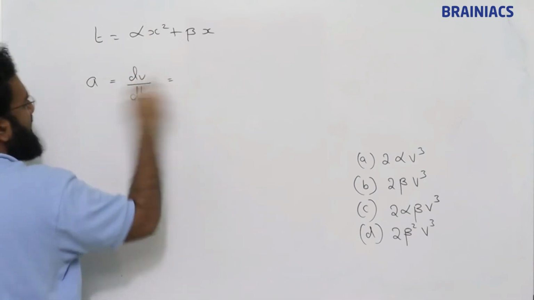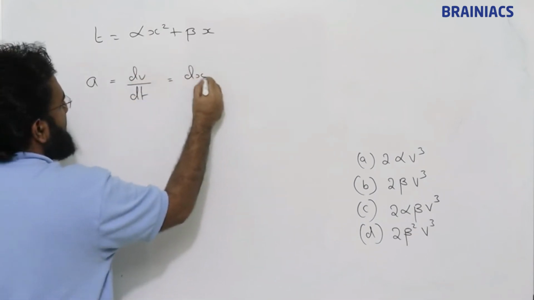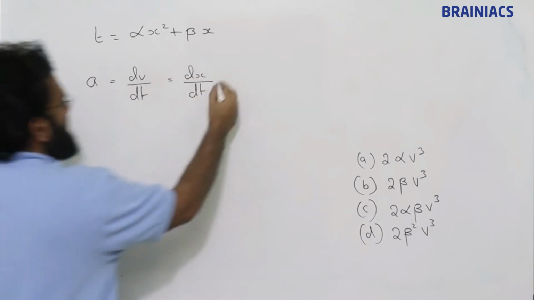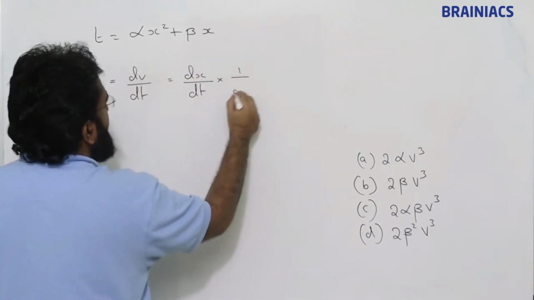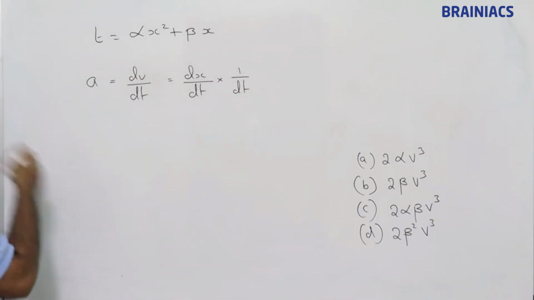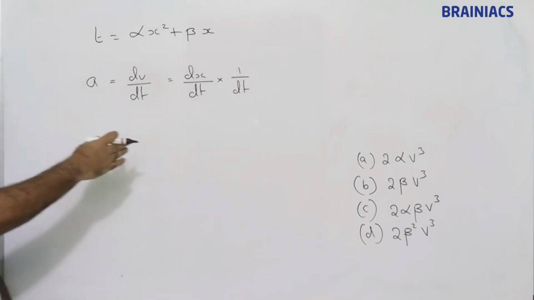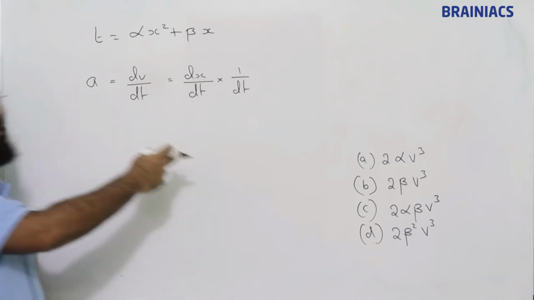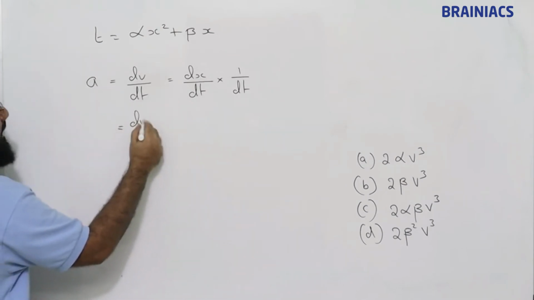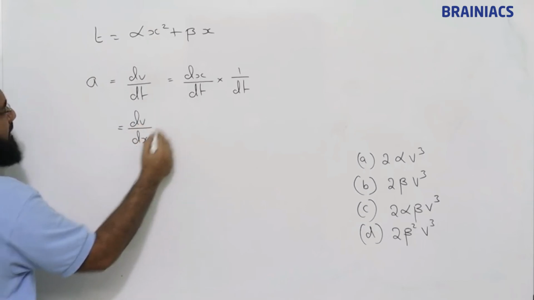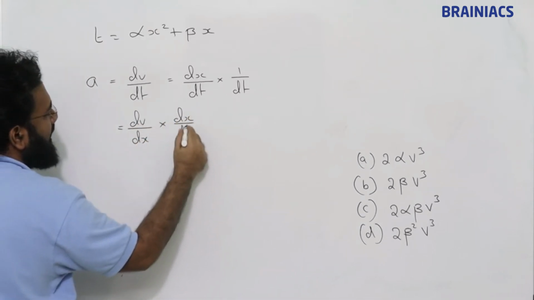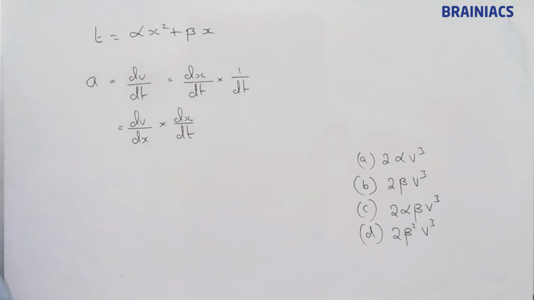In this, dv is nothing but dx by dt, and 1 by dt is already there. Now this can be written in what form? We can have dv by dx into dx by dt.